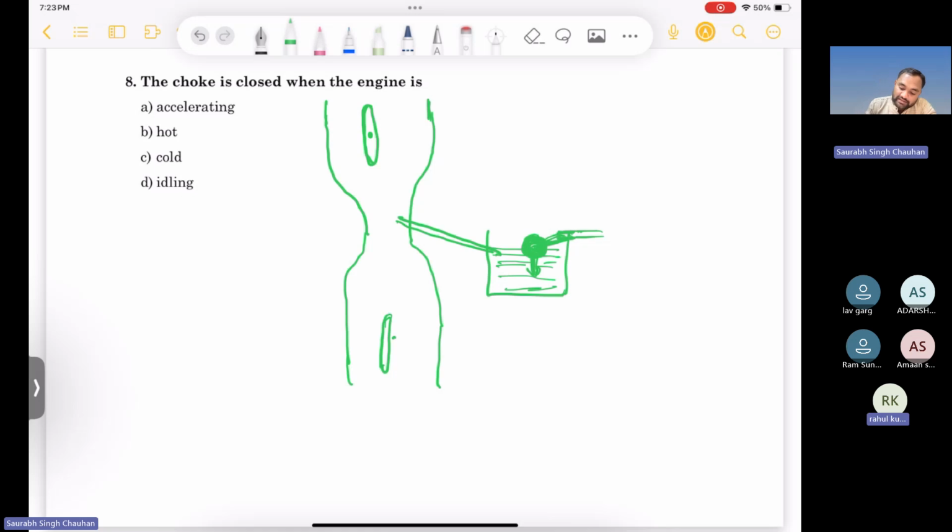The pressure at this reservoir is 1 atmospheric pressure, and the pressure in this region is less than atmospheric pressure, right? Less than 1 atm.